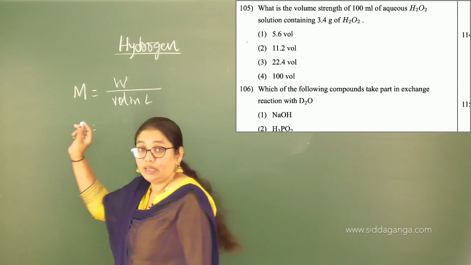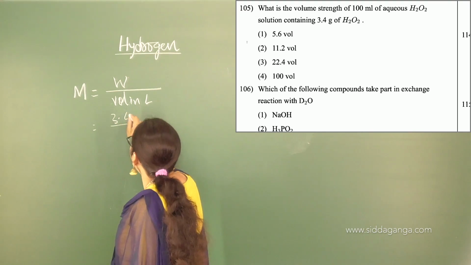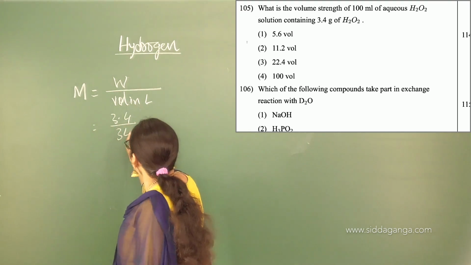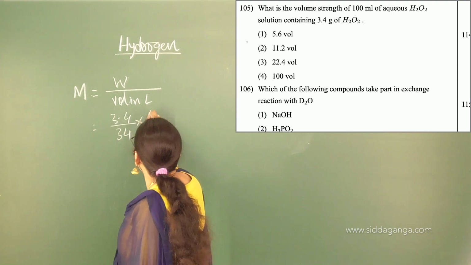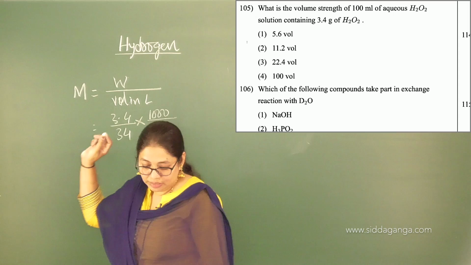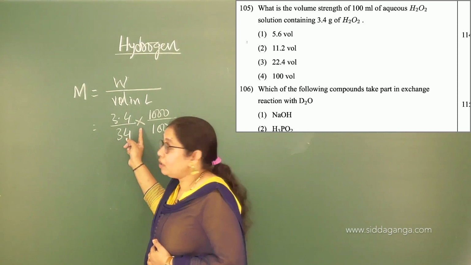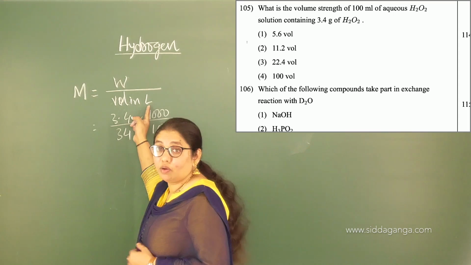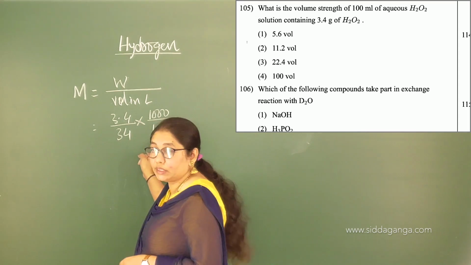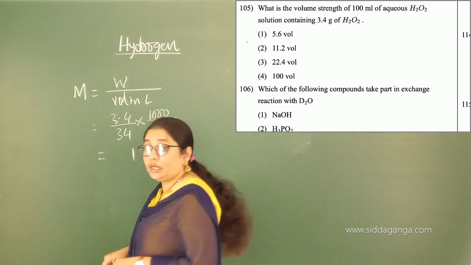The weight given is 3.4, and the molecular mass of hydrogen peroxide is 34, so 34 into 1000 divided by 100, because they have given 100 ml of aqueous solution. If you do the calculation, you are going to get 1.